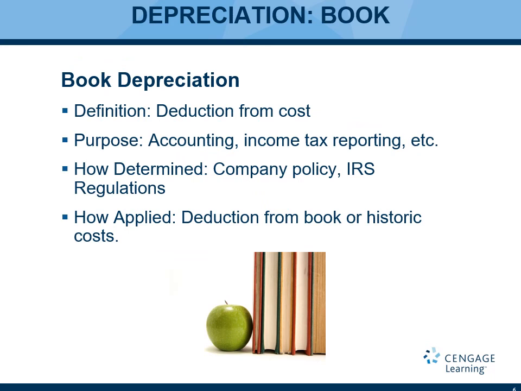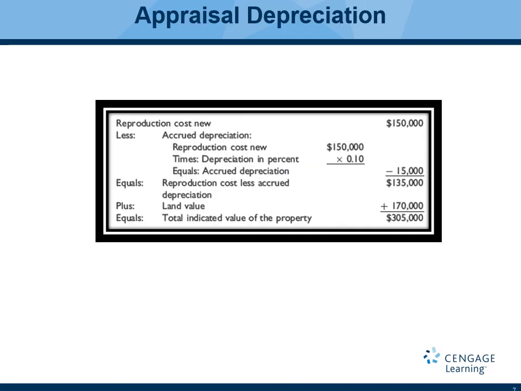The example that I just gave you with the computer system that we're depreciating over a 5-year time frame is what we call book depreciation. Now, in book depreciation, we're using the actual cost of the object and then we're depreciating it from there. Now, obviously, this is not an accounting class, this is an appraisal class. So in appraisal, it's going to be a little bit different. This is an example of appraisal depreciation.